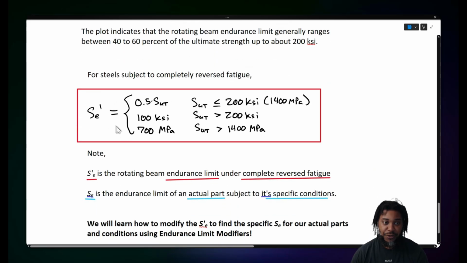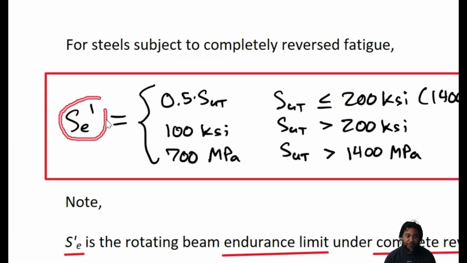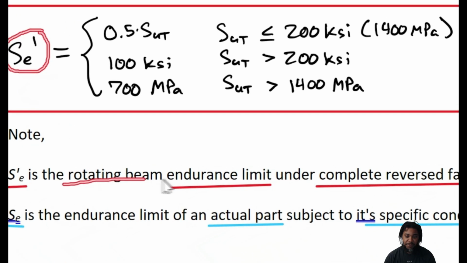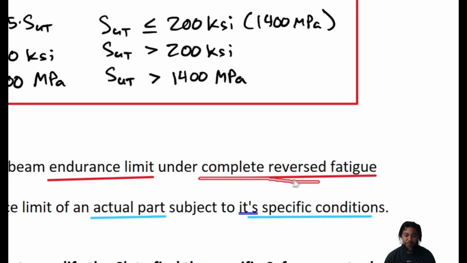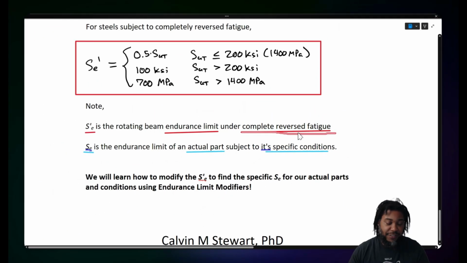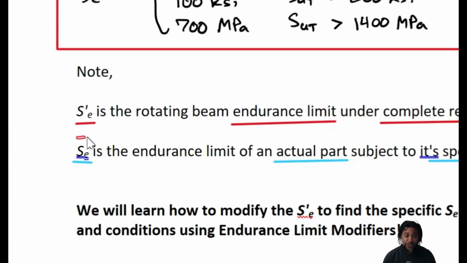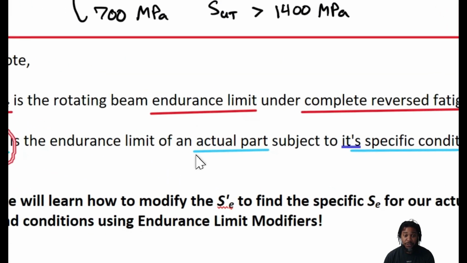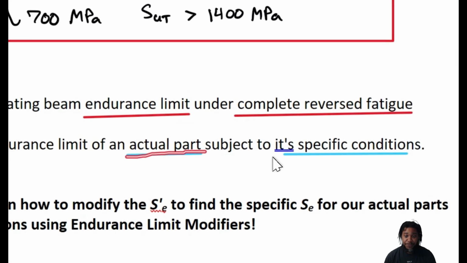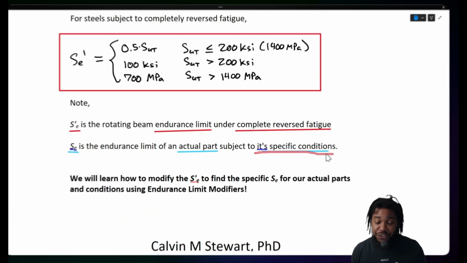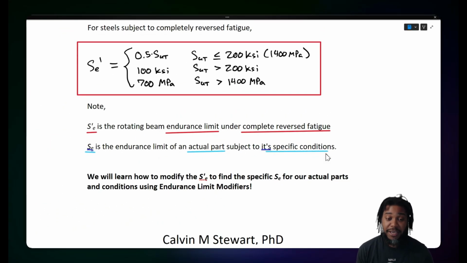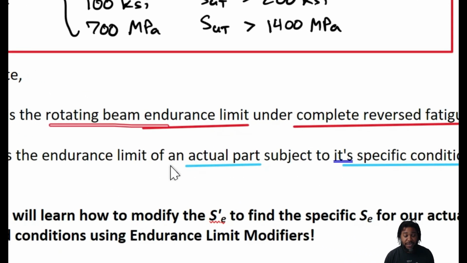Now, an important thing to note is that the endurance limit we found is the rotating beam endurance limit. This is under completely reversed fatigue conditions, the ideal rotating beam experiment. However, the endurance limit of our actual parts, subject to specific loading conditions, geometry and temperatures, may be very different from what we find from the rotating beam test.